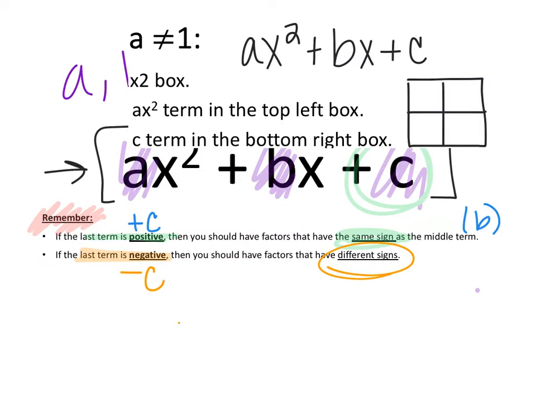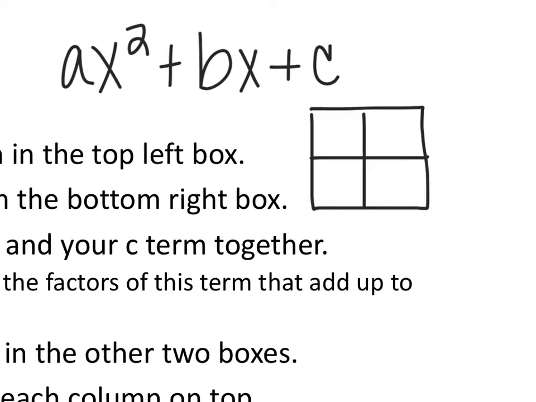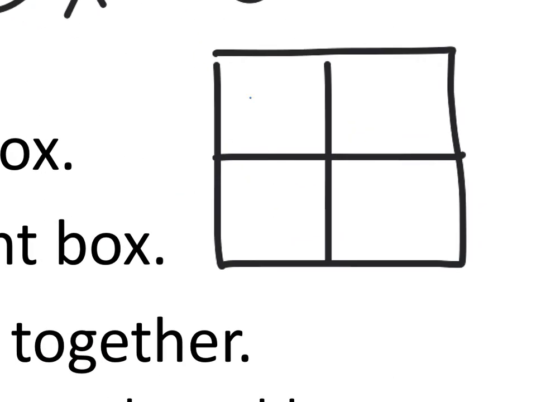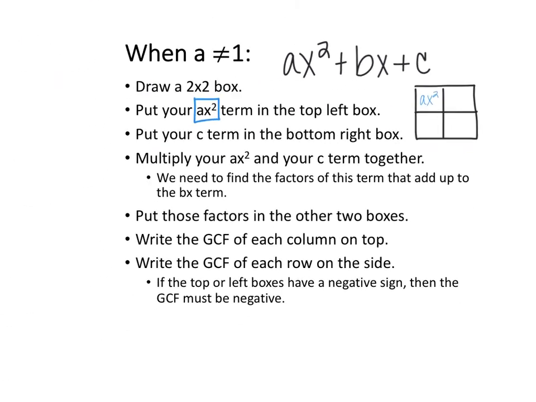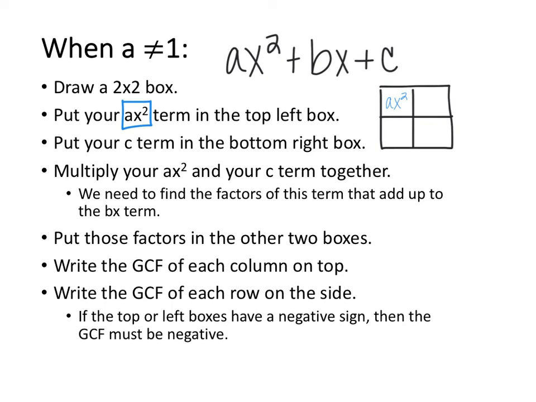Step 2 is we are going to put ax squared in the top left box. Our c term, whatever number we have, is going to go in the bottom right box. Then we're going to multiply our first and our last term together.